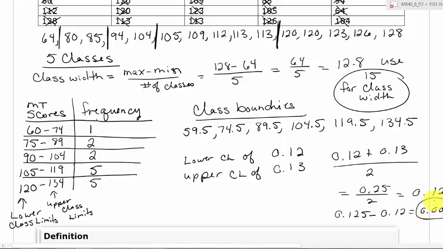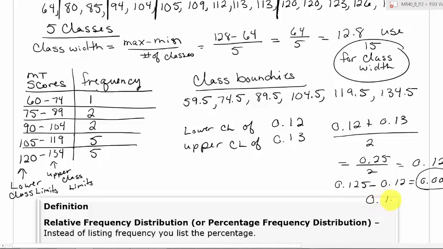So this is what you would have to subtract from the 0.12. If we do that, we would get 0.115. So this would be the other boundary point, the boundary point before this one. And then this boundary was the 0.125.